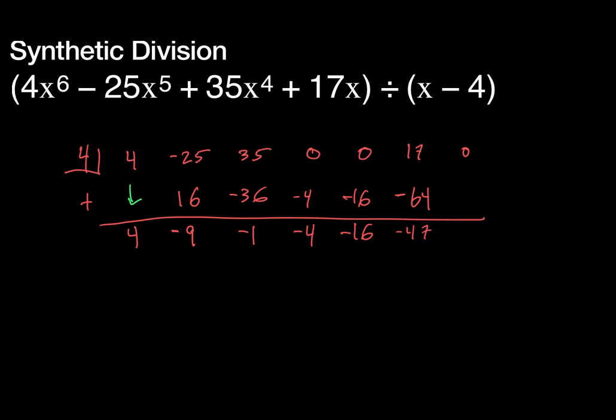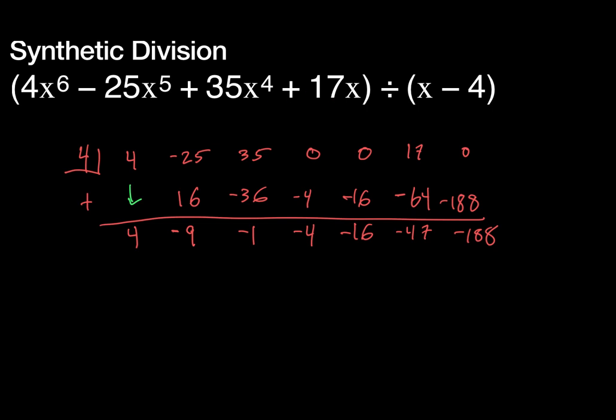And then multiplying 4 times negative 47 is, let's see, 8 carry the 2, 16, 17, 18. Add those up, negative 188. Since at the end, if this is not 0, that means this does not divide into this evenly.